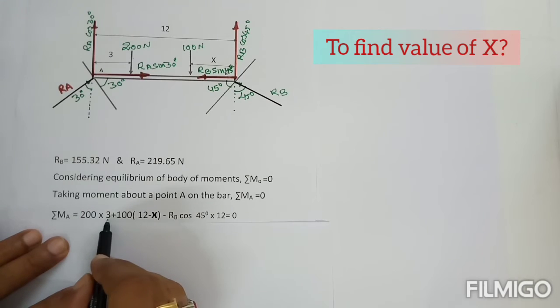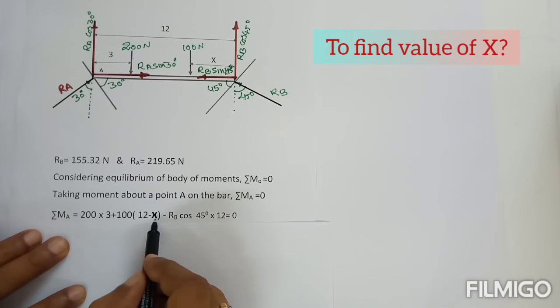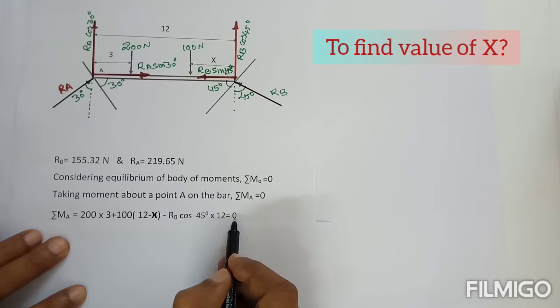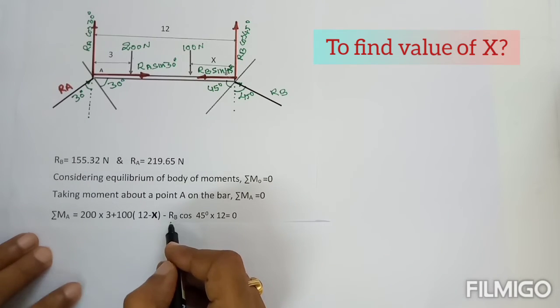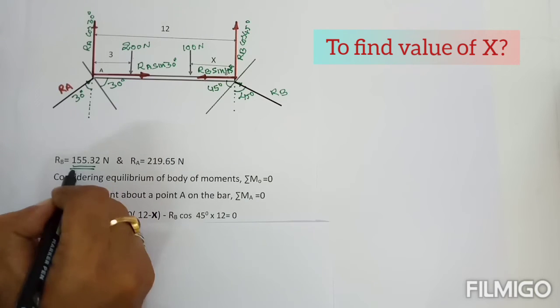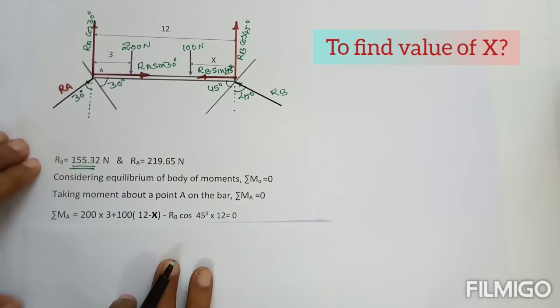So 200 into 3 plus 100 into 12 minus X minus RB cos 45 into 12. So here we have to substitute the RB value as 155.32.